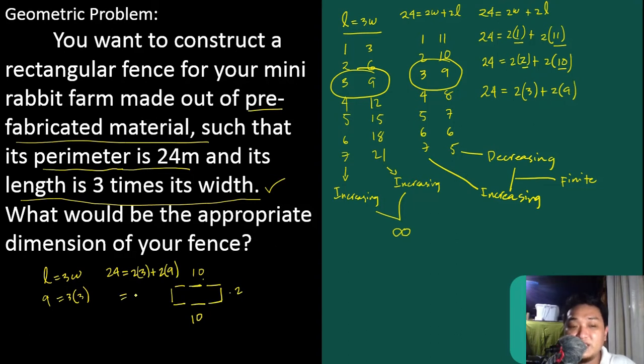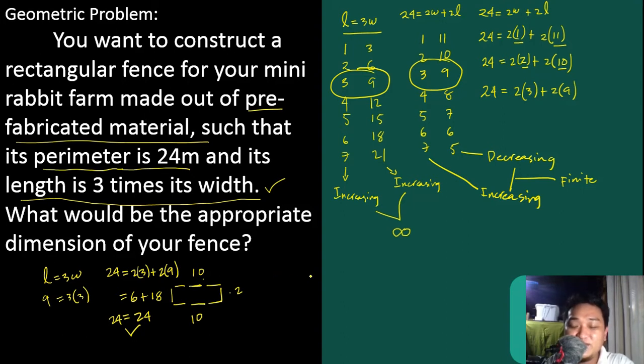So 2 times 3 is 6, while 9 times 2 is 18, and 6 plus 18 is 24. Oh, that solves our second situation. So meaning, the ordered pair 3, 9 solves the two systems and solves the problem. Madaling salita, ang sukat dapat nung rectangular fence natin is 3 by 9 meters.